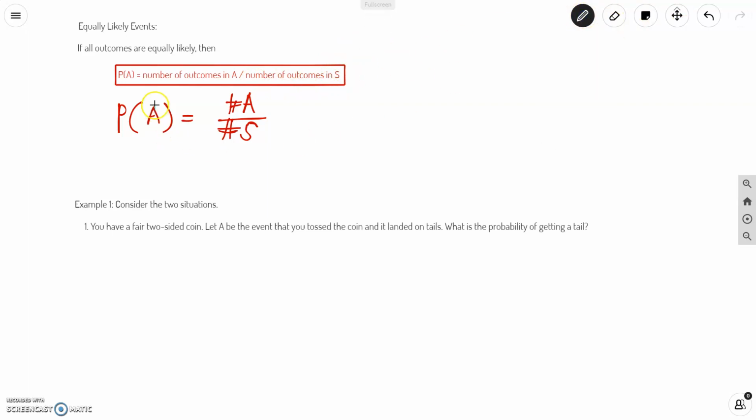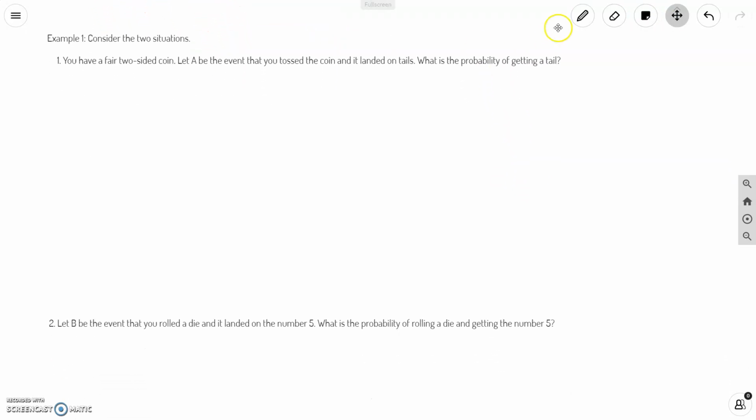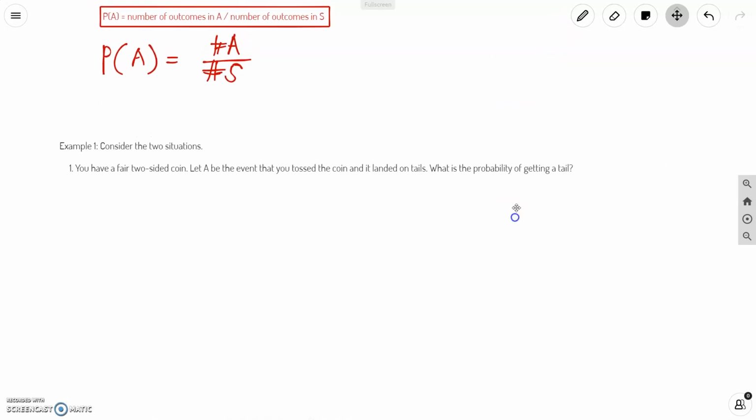Again, this formula only applies if the outcomes are equally likely, so every single outcome has an equal chance of happening. In our first example, we know that this is an equally likely example because each side of the coin has an equal chance of happening. The first thing to do when we're trying to use this formula is first find the sample space.